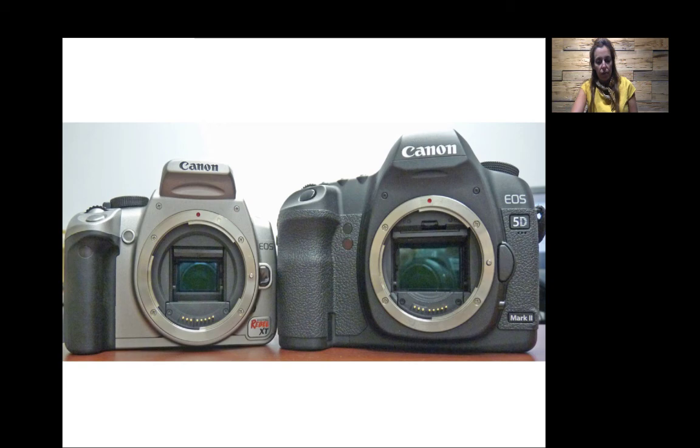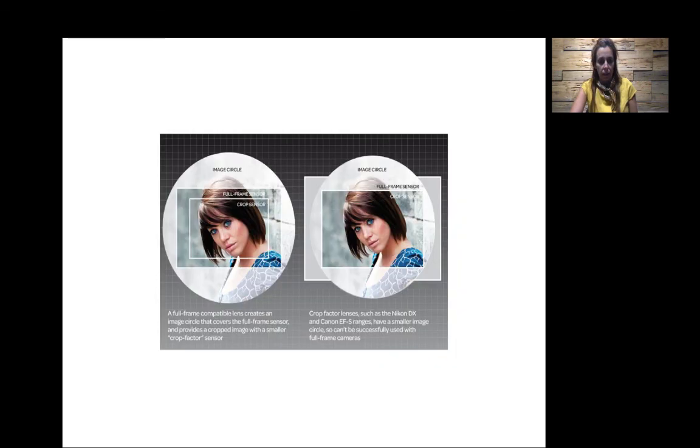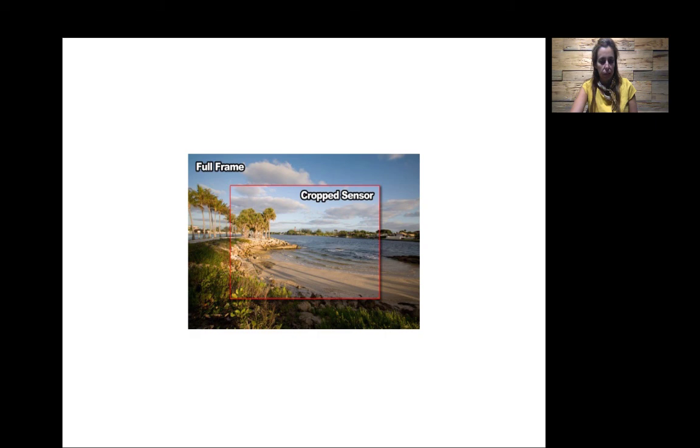So you have quite a bit more of a frame option with the nicer cameras. Here's another example of what it would look like with a crop sensor versus a full frame sensor. And another one.